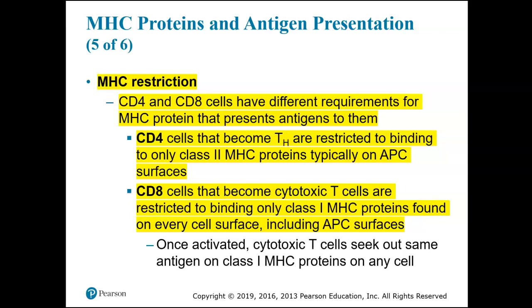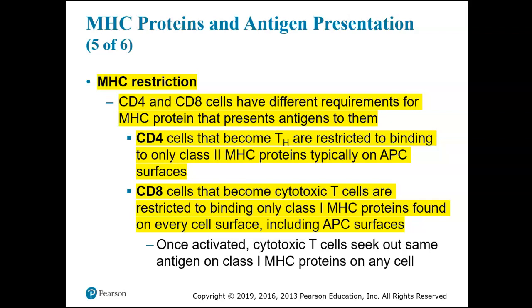All right, and then this section talks about MHC, major histocompatibility restriction. CD4 and CD8 cells have different requirements for MHC protein that present antigens to them. CD4 cells that become helper T cells are restricted to binding to only class 2 MHC proteins on APC surfaces. We already said that. It's just summarizing.